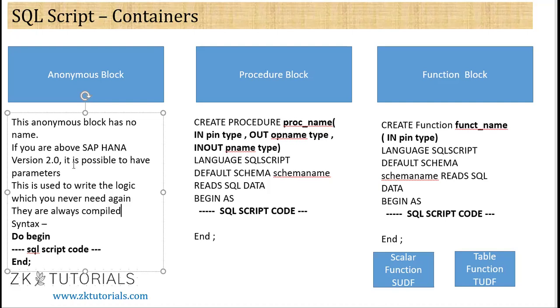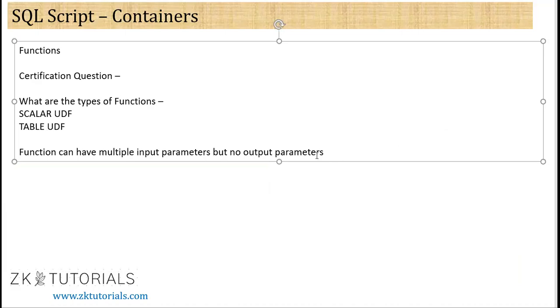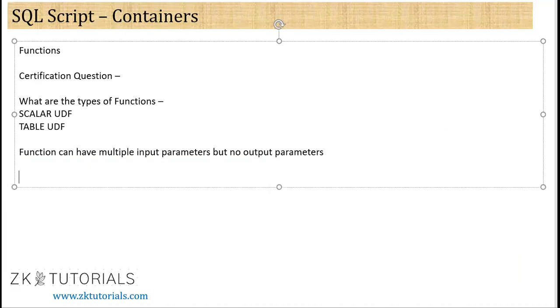So for the best usability, both function and procedure can be used for reusability, and that's why the procedure and function blocks are also known as stored procedures. One more point, check this. What is this stored?